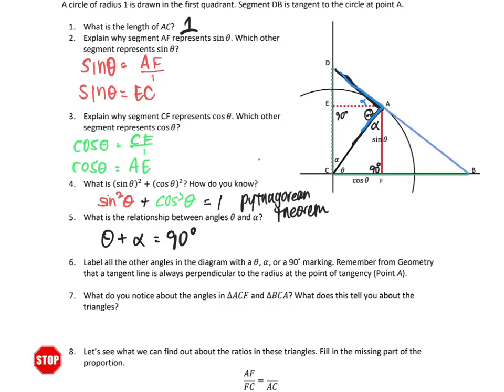And same thing over here, if we have angle CAB, that equals 90, part of it is alpha, and the other part needs to be theta. And then there's two other angles. Let's look at this smaller triangle DEA.